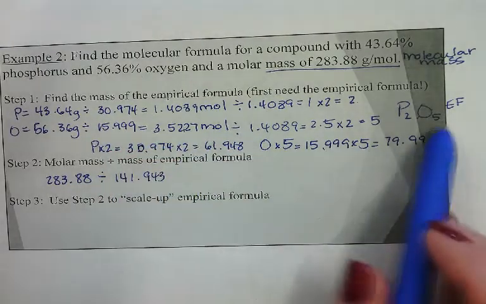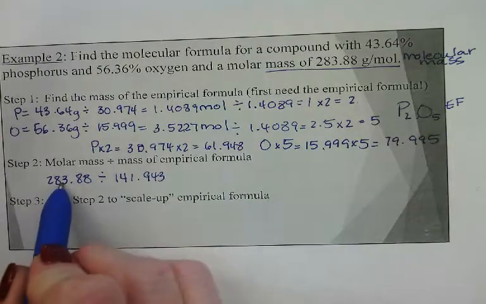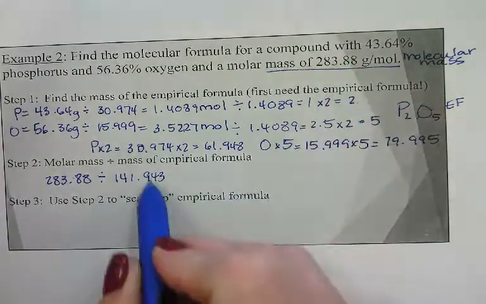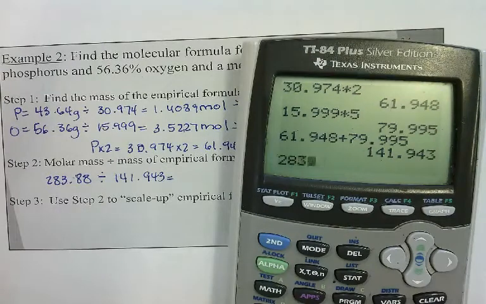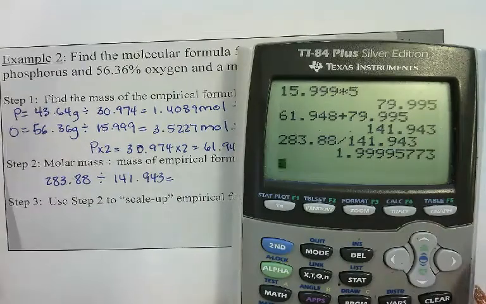I just found it. P2O5. That's 2 phosphorus and 5 oxygens. So I'm going to divide the molar mass that was given in my problem by the empirical formula mass. 283.88 divided by 141.943. Look at that, whole number. That's going to be a 2.